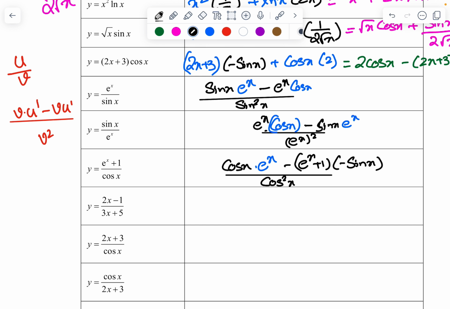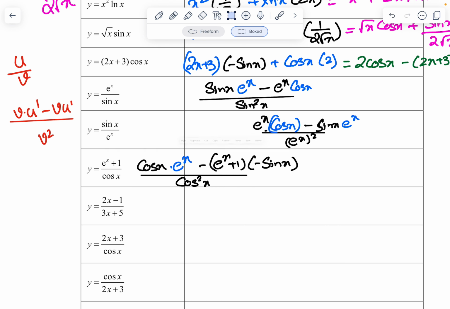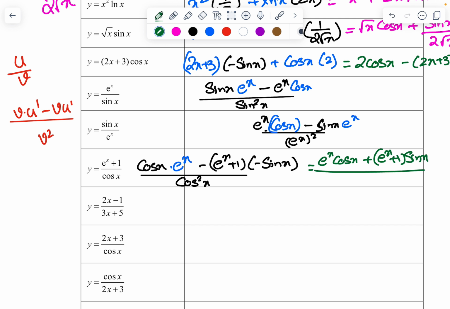So what can I do? I can simplify it further. How can I simplify it further? E power x cosine x, minus times minus is plus, e power x plus 1 sin x divided by cos square x.